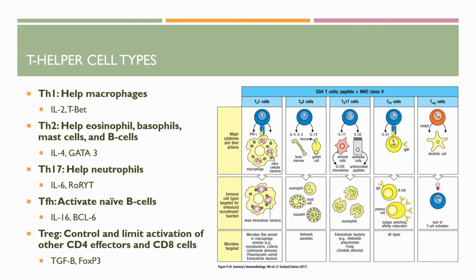Th17 cells help neutrophils, and then there are these TFH cells that help activate naive B cells, and then Tregs, which are regulatory T cells. These control and limit the activation of other CD4 and CD8 cells. So basically, these just help regulate things and control things so you don't have too much of a good thing.